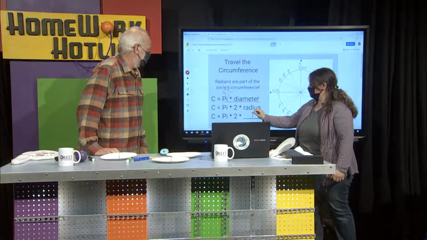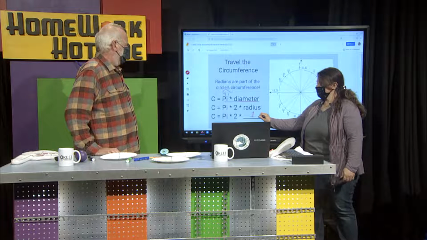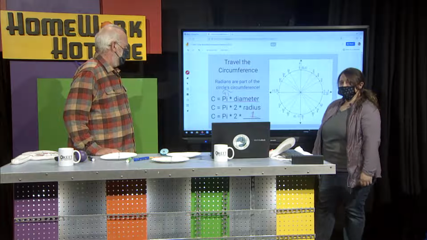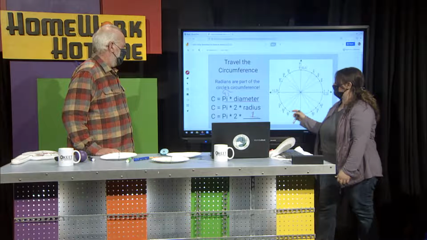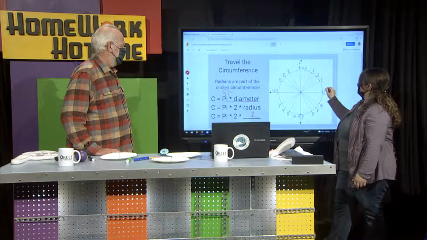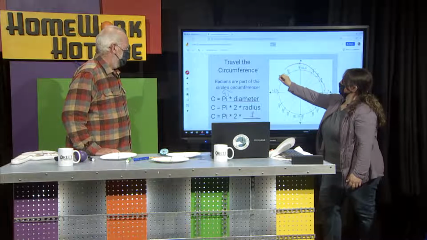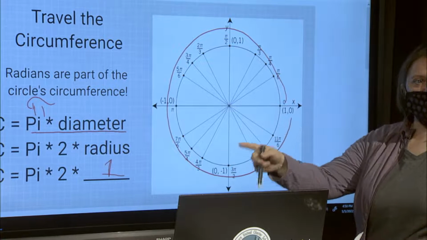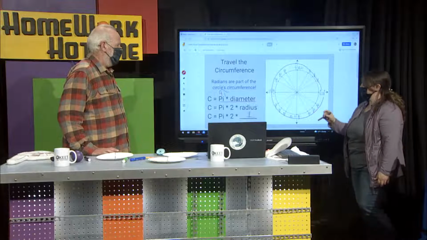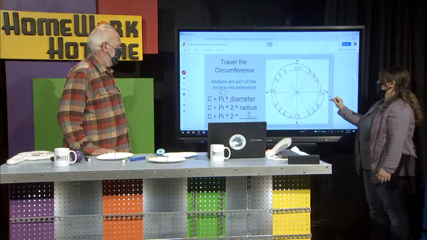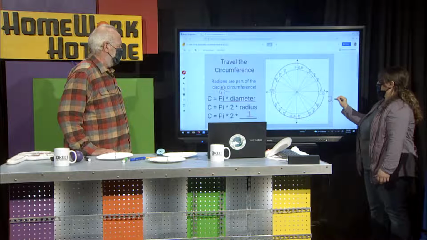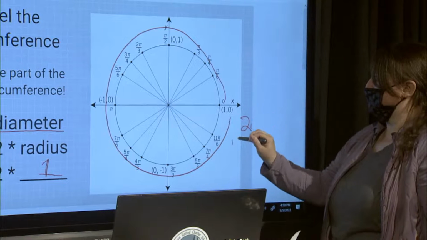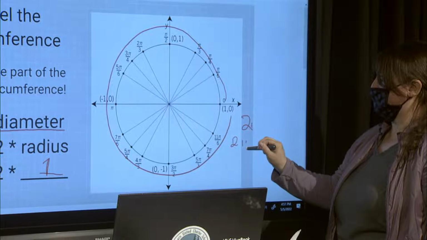In this formula, instead of r for radius, I'm going to put a 1. That means the circumference, the distance around the outside of our unit circle, is pi times 2 times 1, otherwise known as 2 pi.